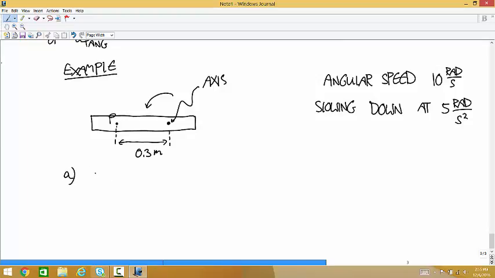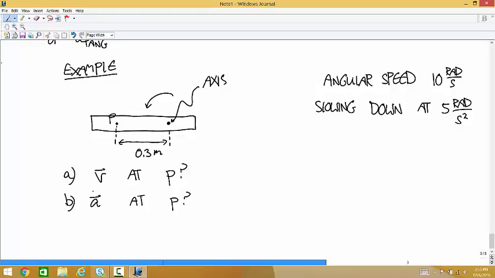We want to calculate first the velocity vector at P, and second the acceleration vector at P. And like I said, the angular velocity and angular acceleration hold for the whole board, but if I had chosen a different point P, we would get different values for the velocity and acceleration of that point.